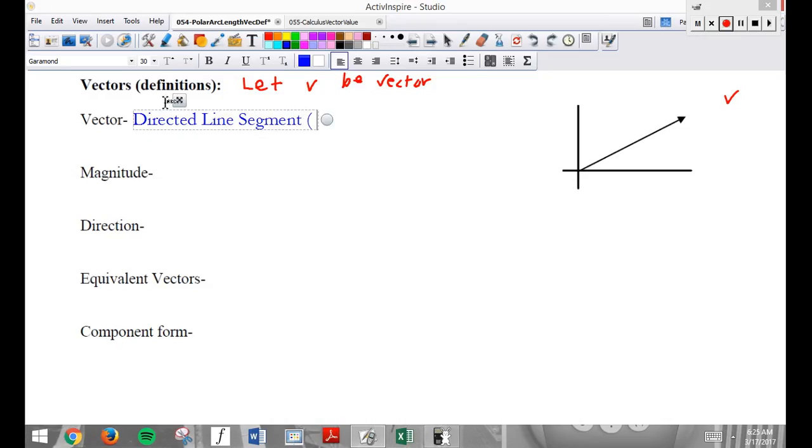Connell in class called this a ray. The more physics definition of it would be it has magnitude, which is strength, and direction.